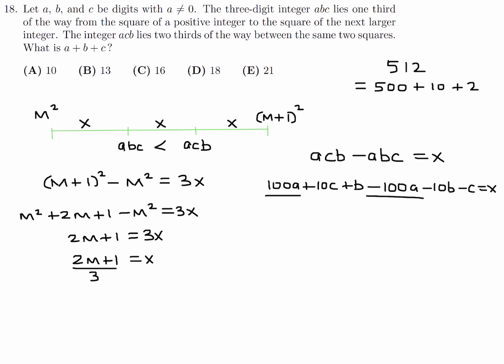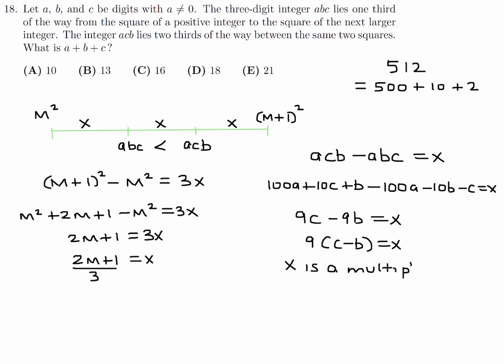This gets rid of the A's, and we are left with just 9C minus 9B is equal to x. Factor out the 9, you get 9 times (C minus B) is equal to x. All right, so that tells me that x is a multiple of 9, correct?